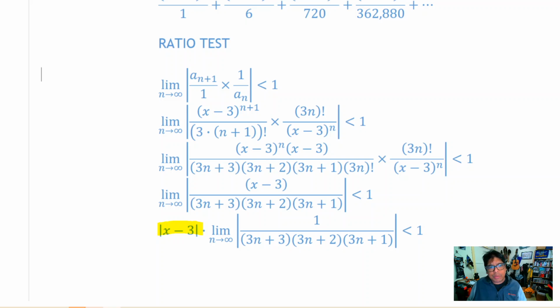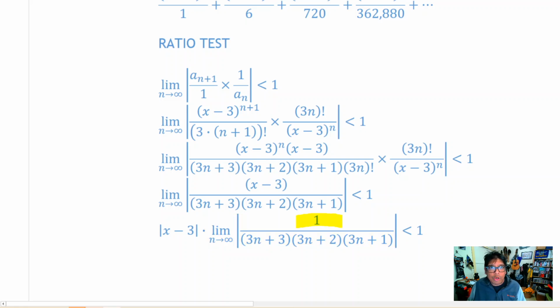And in this case, we're going to have to change the numerator into 1. Now remember, I have to keep that x minus 3 in absolute values because I don't know what the value of x is going to be. So x minus 3 still needs to be a positive expression. Now let's take a look at the limit.